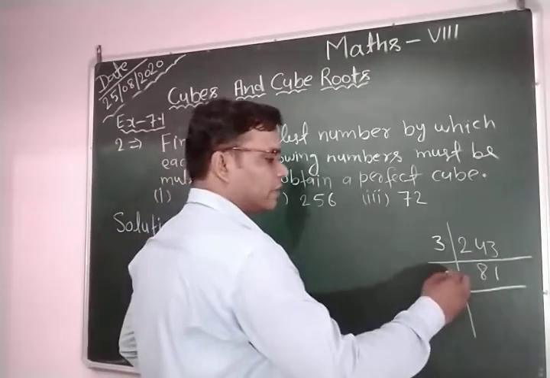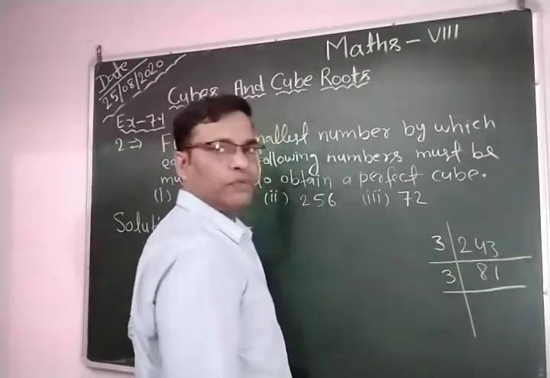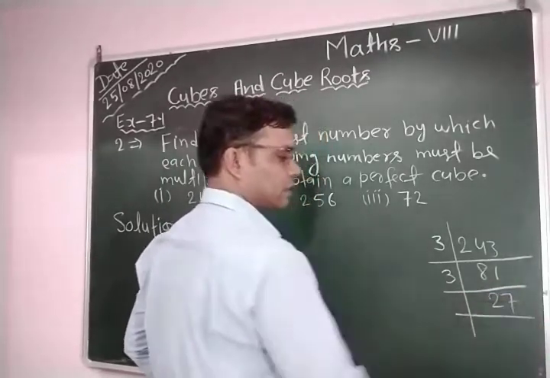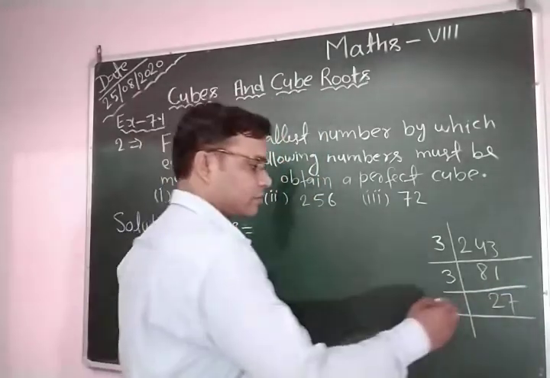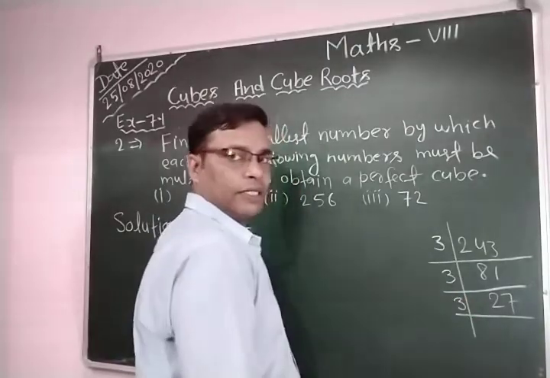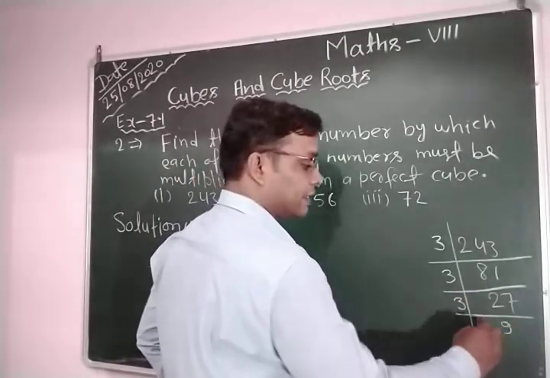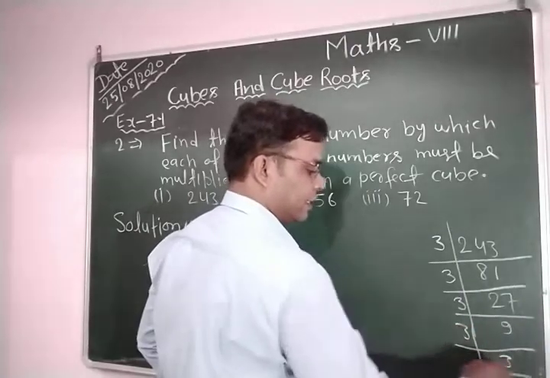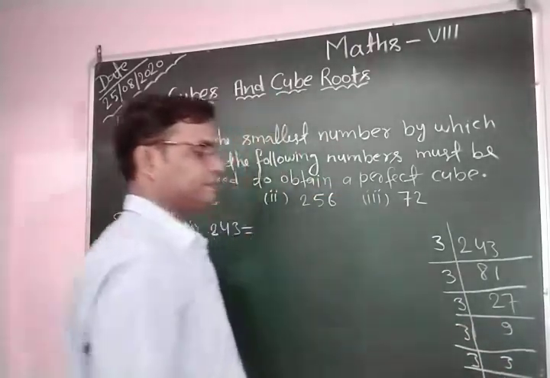If you divide 81 by 3, then you find the quotient is 27. Again 27 is divisible by 3, so we divide 27 by 3, we obtain quotient 9, and after this 3 threes are 9 and 3 is a prime number.